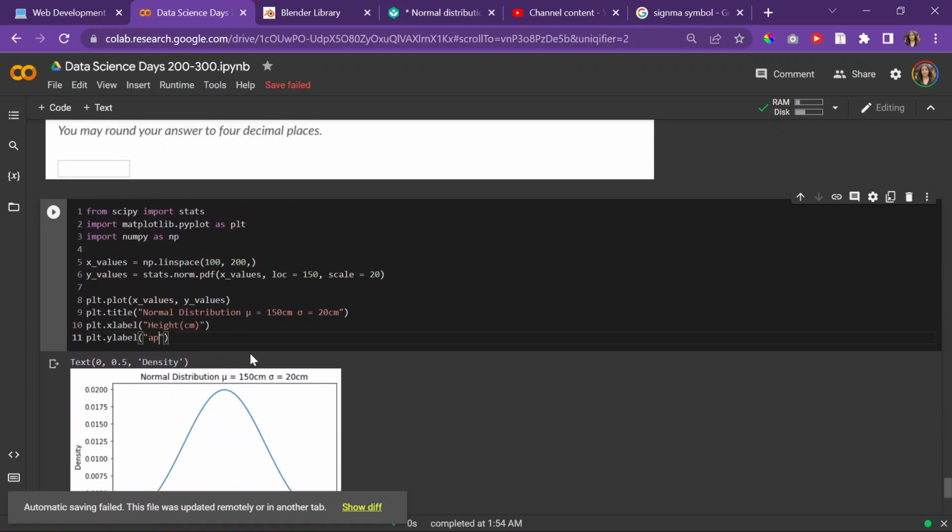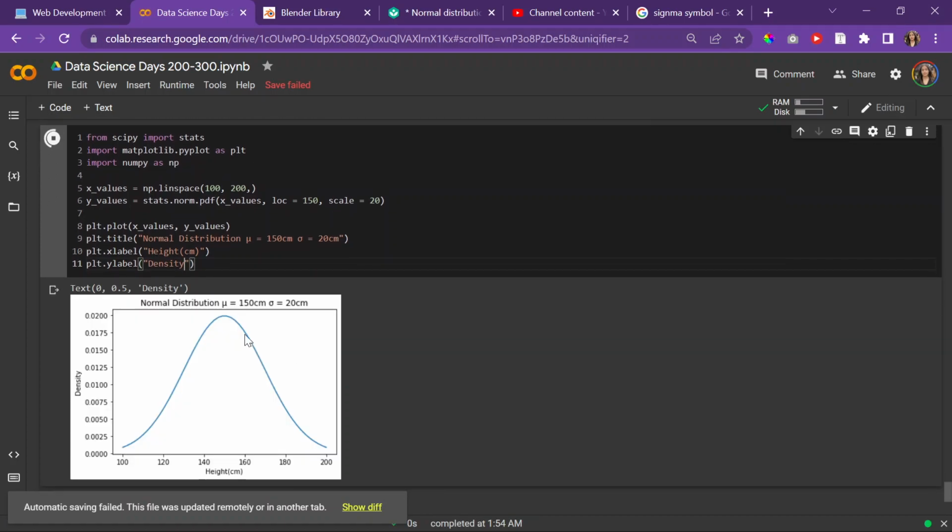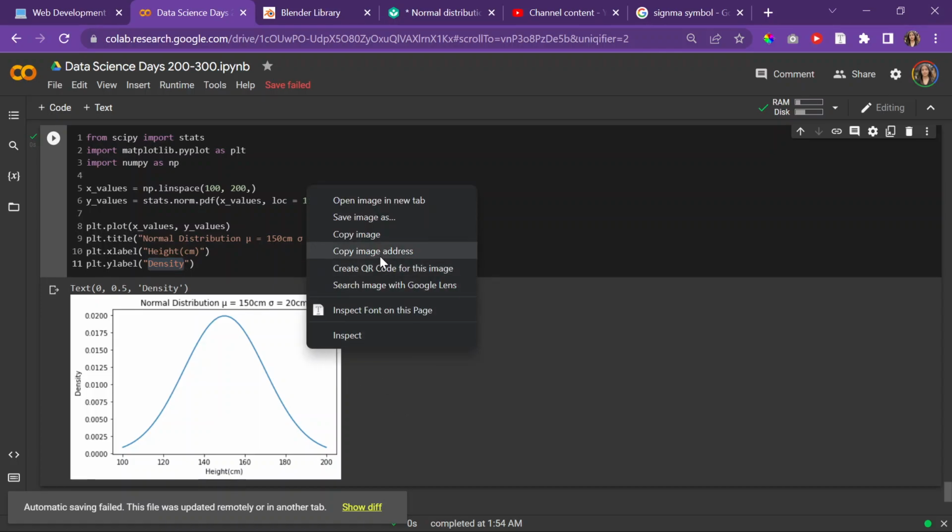We could also call it probability, but let me call it density. Or you could call it area, well, not really, the area is the area inside the curve. So this is our graph, basically.